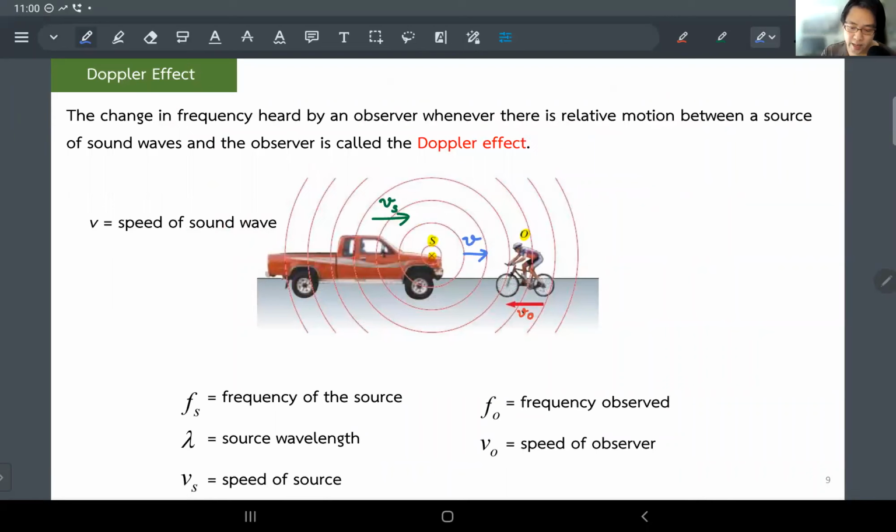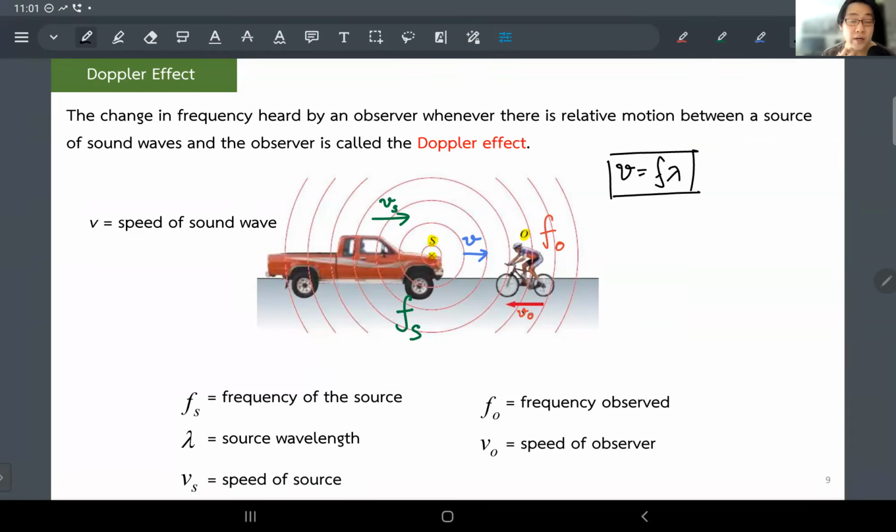What else? The sound generated from the source must have some frequency. So let me call that frequency from the source, once again using the S subscript. And then you will have the frequency that gets observed by the observer, so I'm going to call it F sub O. Make sense? And then at the end, if you really want to calculate the wavelength or whatever, you still always have V equals F lambda at your disposal.